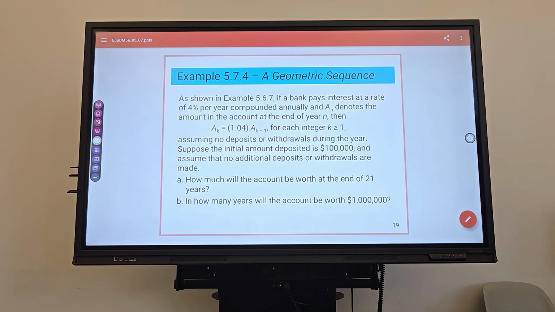Suppose the initial amount deposited is $100,000, and assume that no additional deposits or withdrawals are made. How much would the account be worth at the end of 21 years? In how many years will the account be worth $1 million?